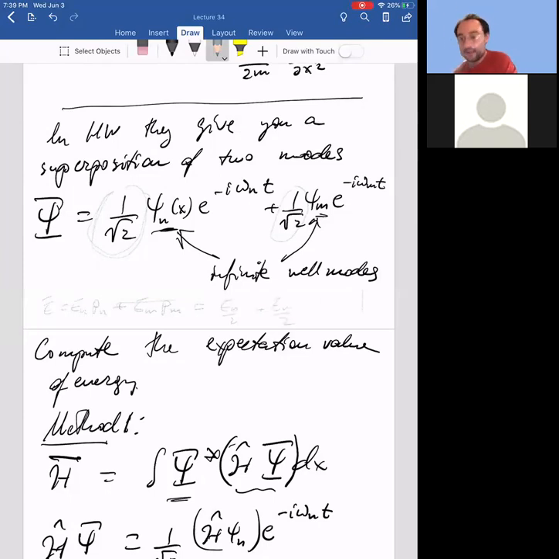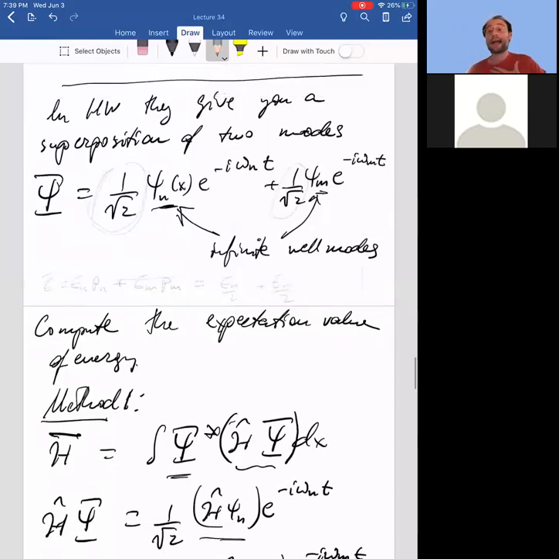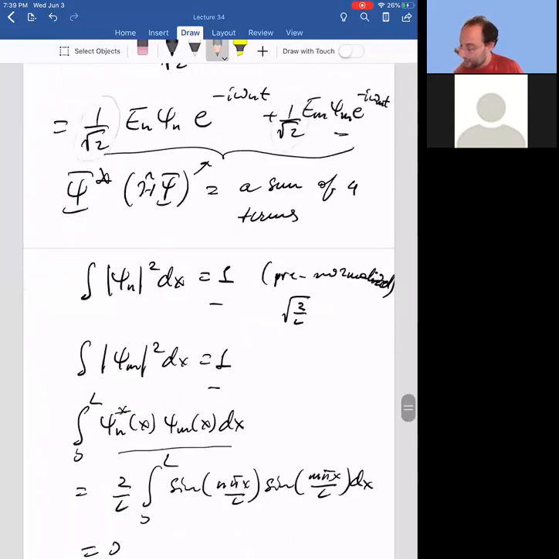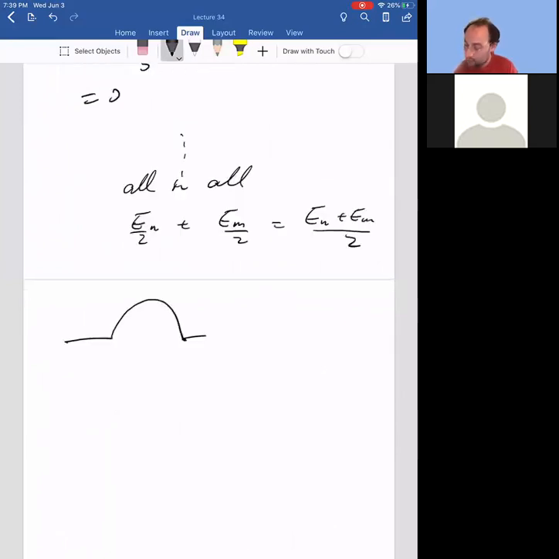But this method with the sandwich is more powerful, because the wave function is not always given explicitly as a sum of the modes. And I give you an example of that in the homework. So in the homework, I'm giving you a very simple example where you have a wave function that just has some shape, an upside down parabola.